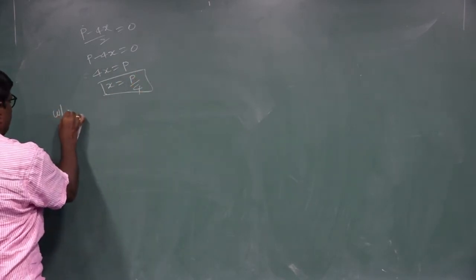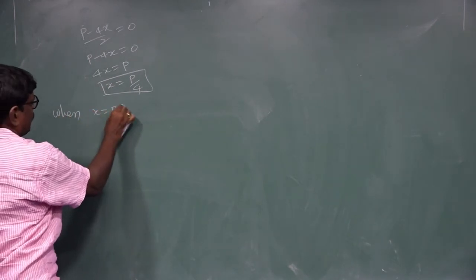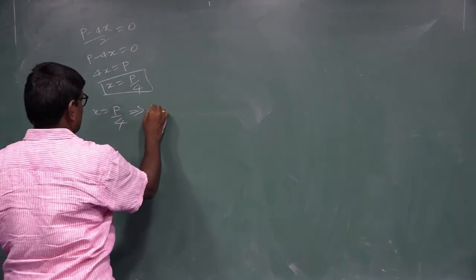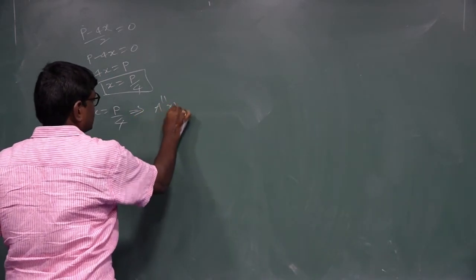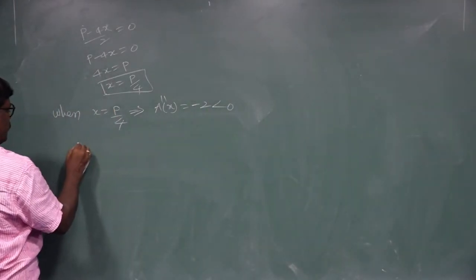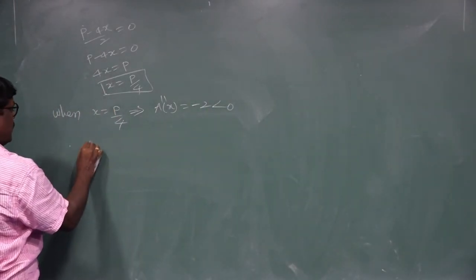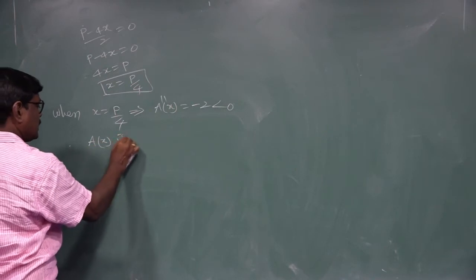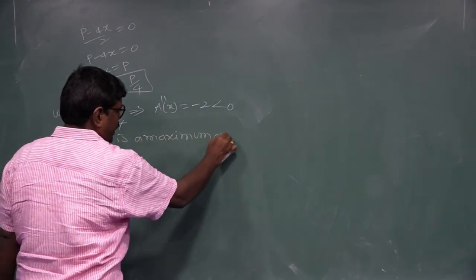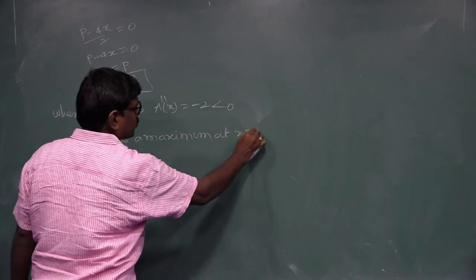When x equal to P by 4 implies A double dash x equal to minus 2, less than 0. This A of x is a maximum at x equal to P by 4.